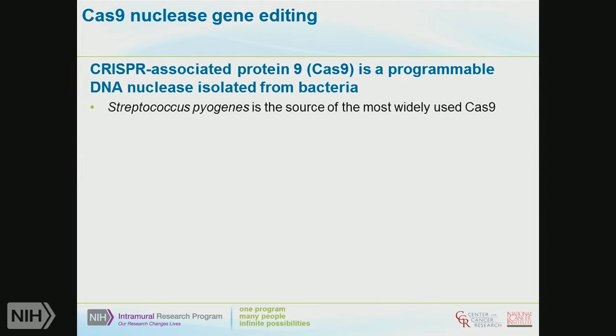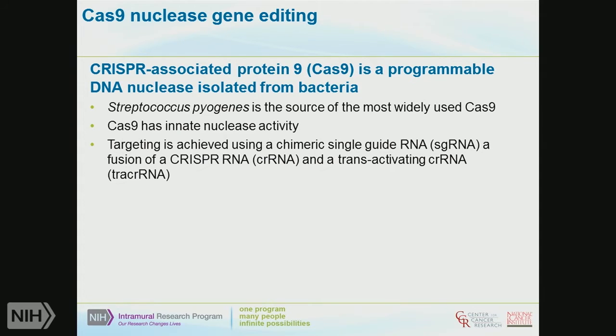In most of the functional genomics world that's been adapting this technology, you're using it from Streptococcus pyogenes. And I know you are seeing lots of different versions of this enzyme being generated that will have pros and cons, until we settle on something that's probably going to be the most widely used. So Cas9 has innate nuclease activity.